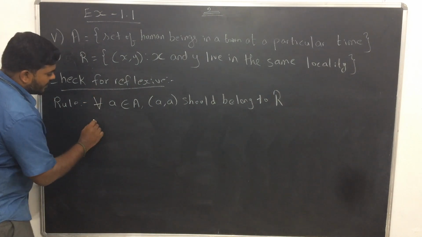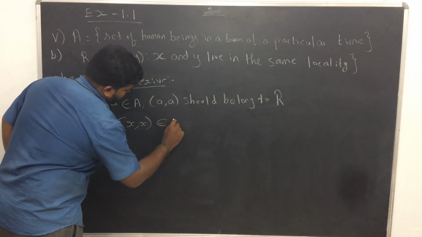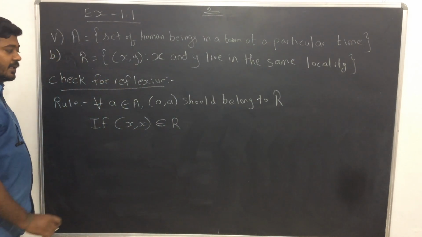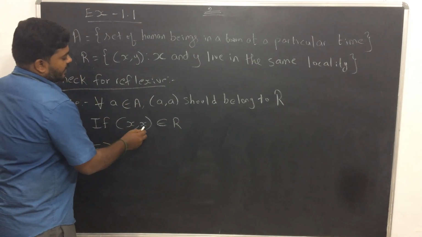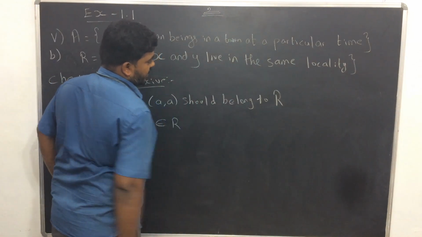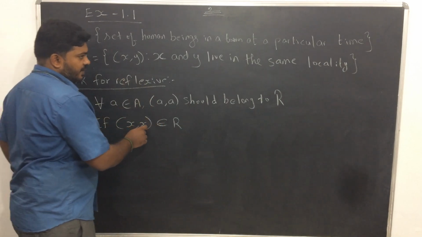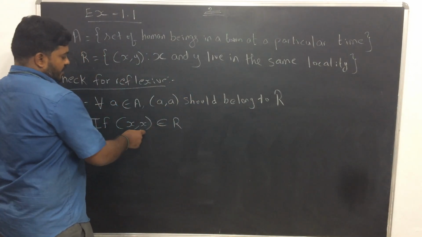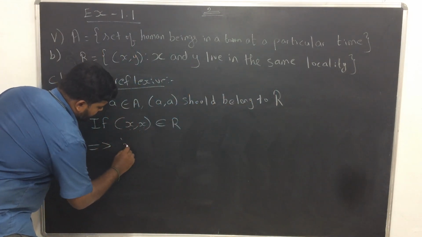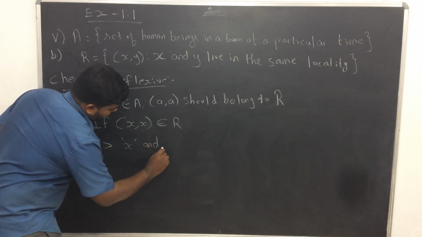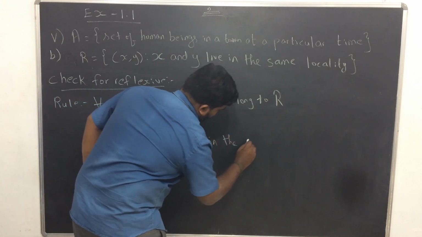Now, let me assume that if (x, x) belongs to R, what does it imply? It implies that x and x live in the same locality. If (x, x) is inside the relation, it means it will satisfy the condition for the relation. What is the condition for the relation? x and x live in the same locality.